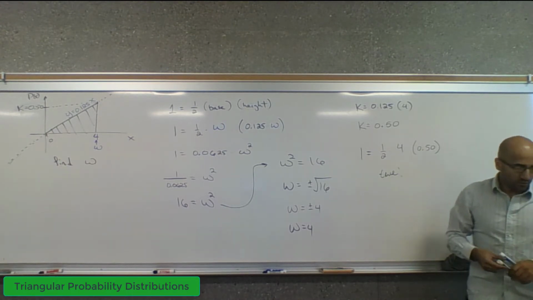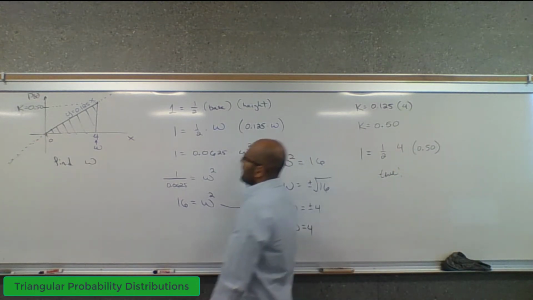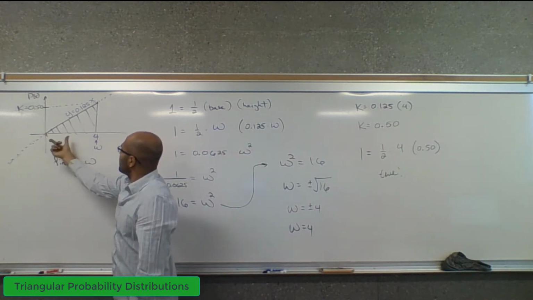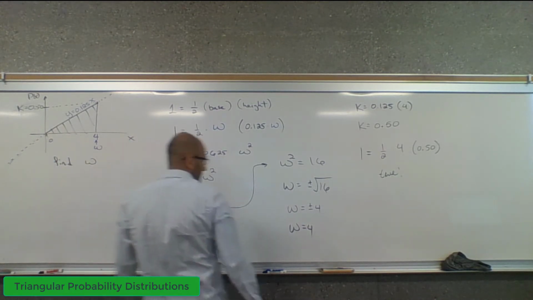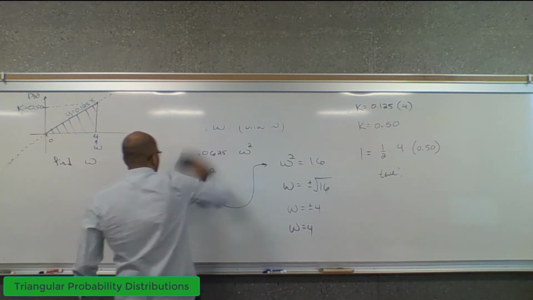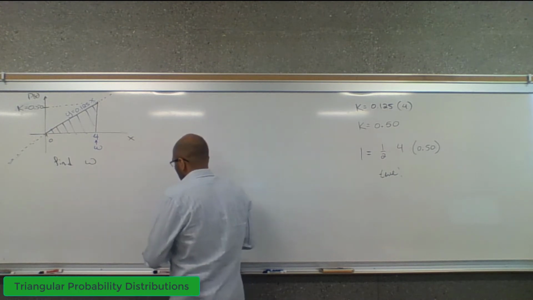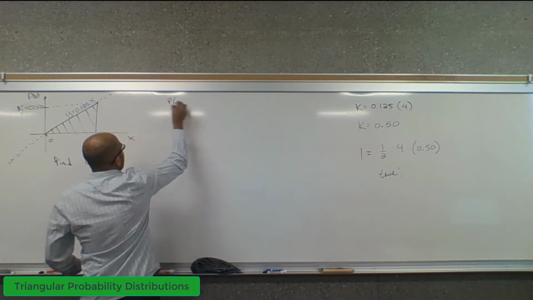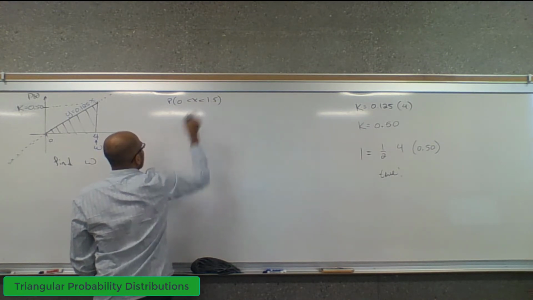Good? Good. Okay, so now let's say that I wanted to find the area trapped between 0 and 1. Well, 1's too easy. Let's make it 1.5. Find the probability that x is greater than 0 but less than 1.5.